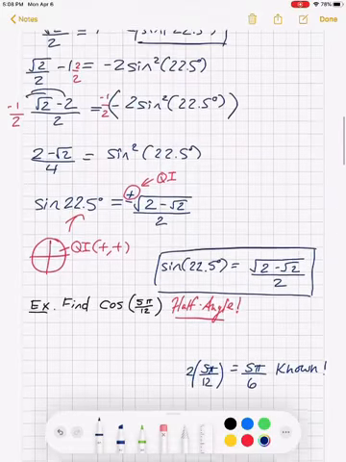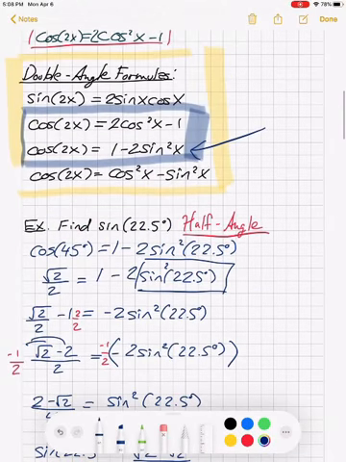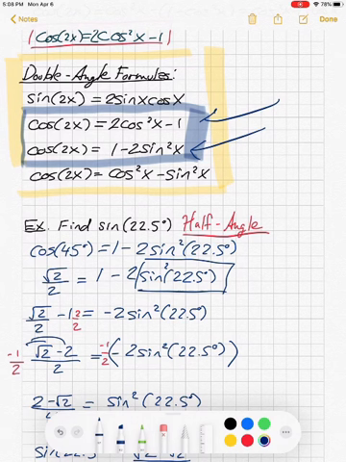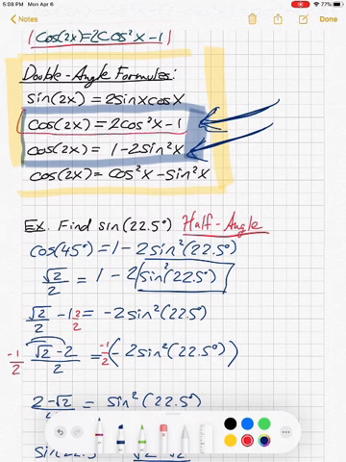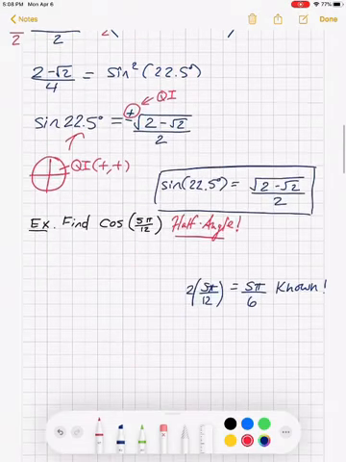So let me see which formula I would use. For any of these half angle problems, remember I'm always choosing between these two. Now in this case, because I'm looking for cosine, I'm going to use this one because this is the quantity I'll be solving for. So then I'm going to set this up.